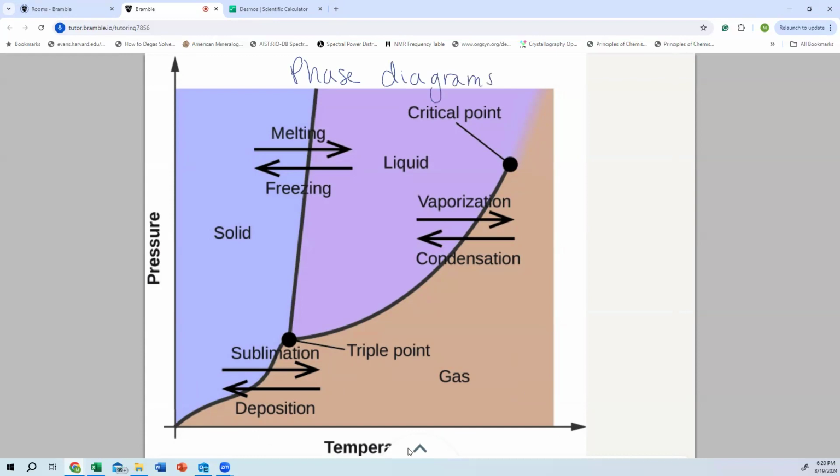So we can see that as we increase temperature, we can go from a solid to a liquid and a gas. And then our pressure also plays a role in this.